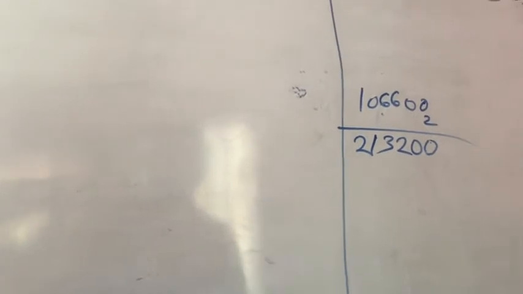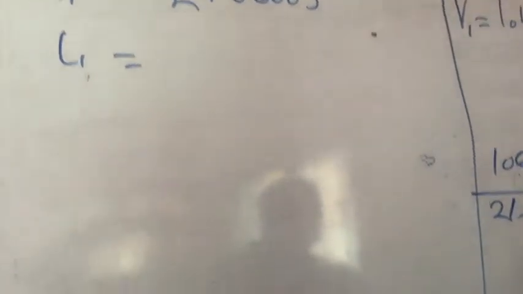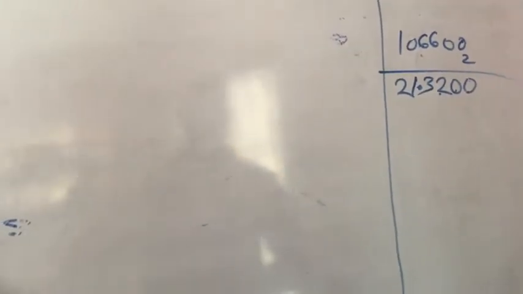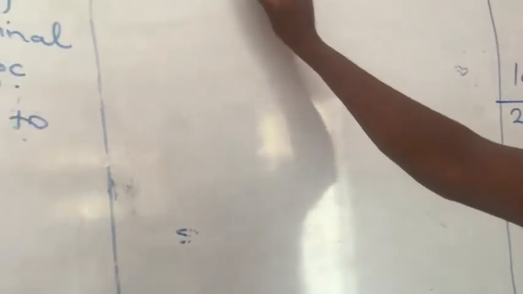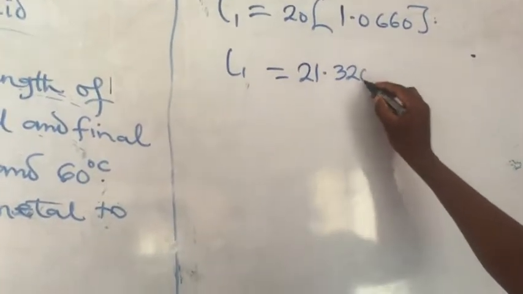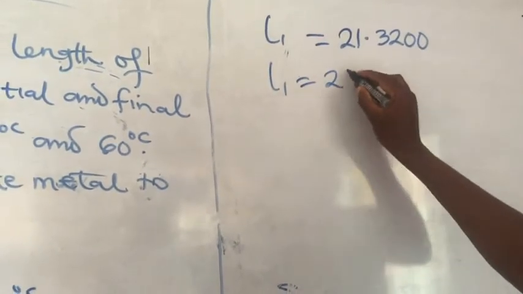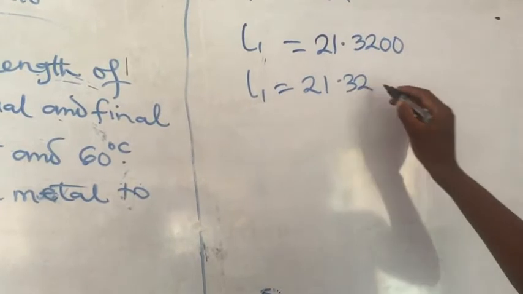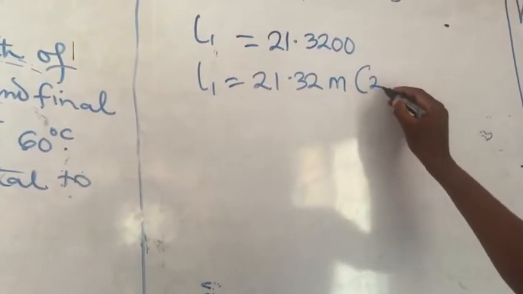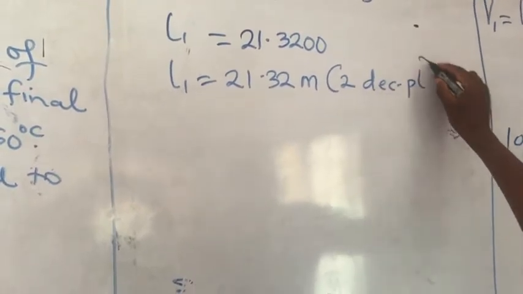You remove the decimal place. How many decimal places do we have? 4. So your answer becomes 21.3200. Otherwise, L1 equals 21.32 to 2 decimal places. So that is the answer.